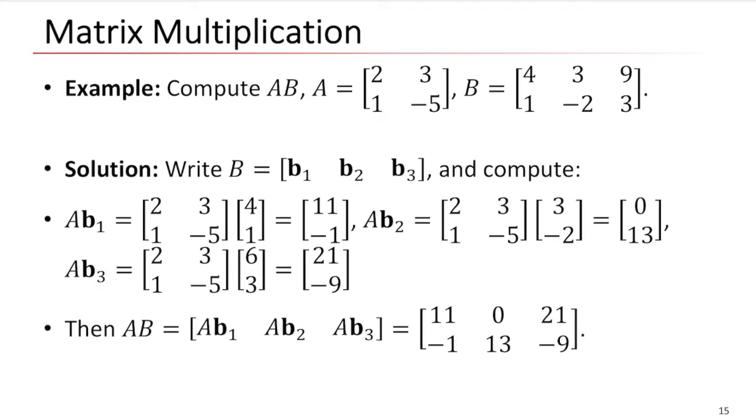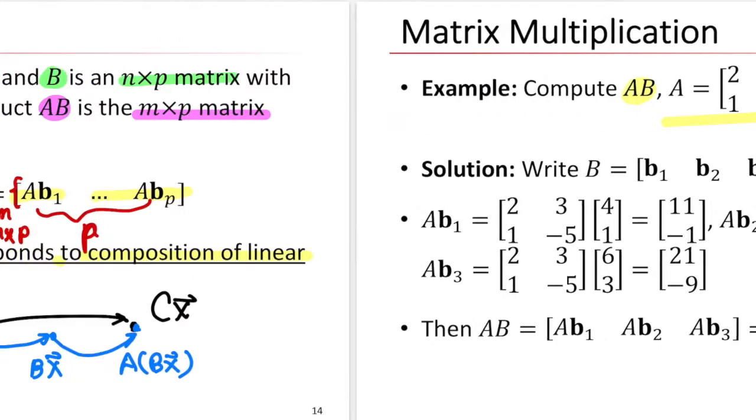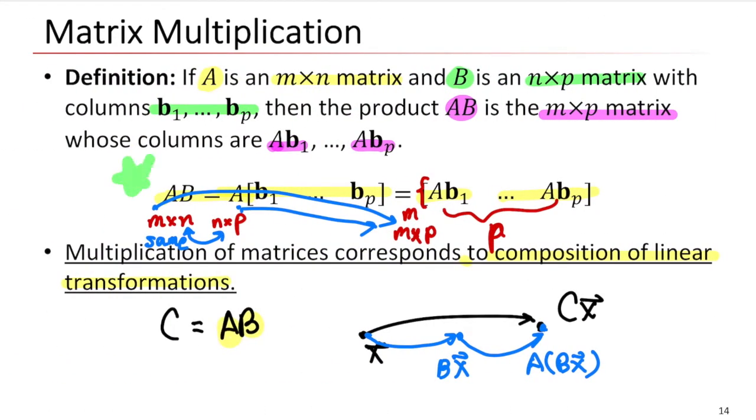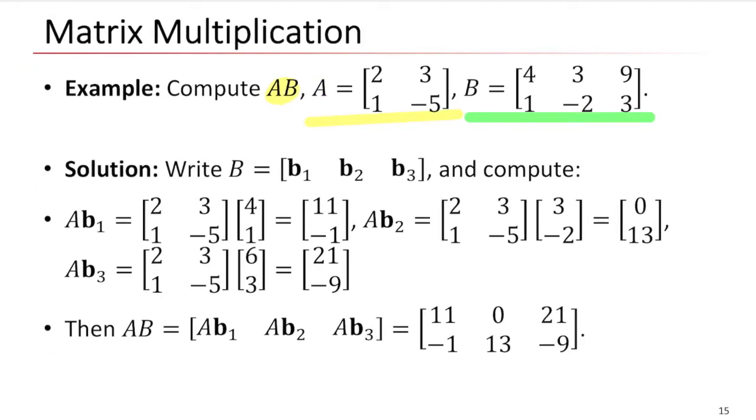Let's see an example. The question is to compute A times B when A is a 2 by 2 matrix, something like that, and B is equal to this one. First of all, let's use this property. We represent each column as a vector b1, b2, b3.